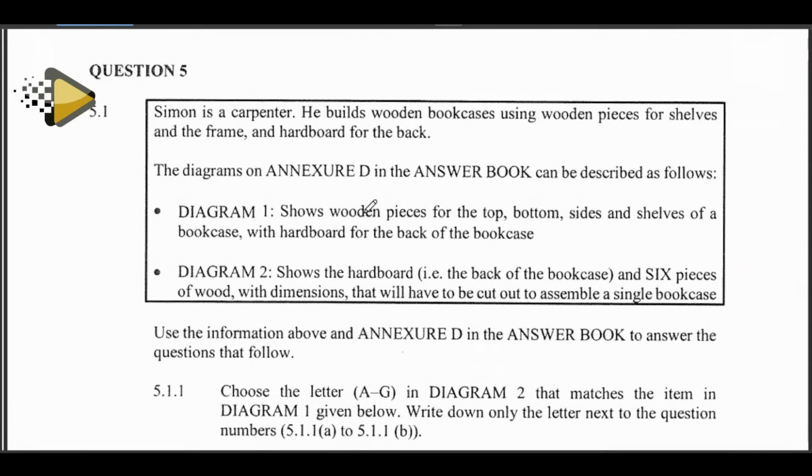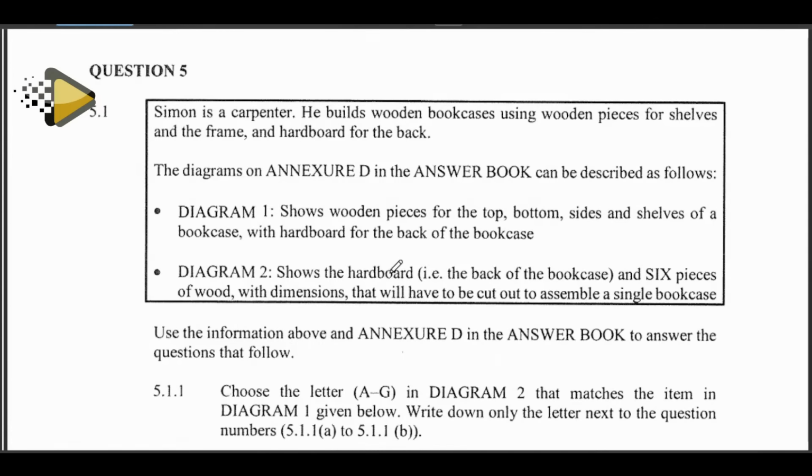Simon is a carpenter. He builds wooden bookcases using wooden pieces for shelves and the frame and the hard body for the back. Diagram on annexure D in the answer book can be described as follows. Diagram 1 shows wooden pieces for the top, bottom, sides, and shelves of a bookcase with hard body for the back of the bookshelf.